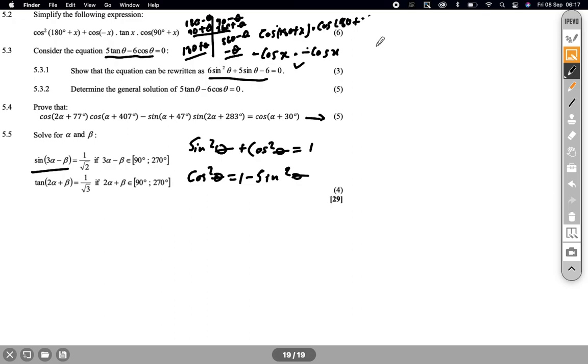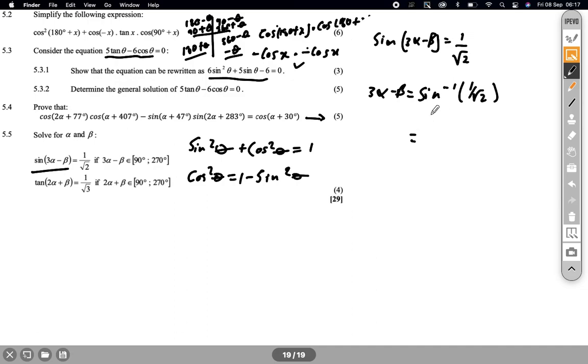So we can try to solve for the angle 3 alpha minus beta. And to do that, let's rewrite it first. Sine of 3 alpha minus beta equals 1 over square root of 2. And then 3 alpha minus beta is equal to arc sine of 1 over square root of 2. Now, if you remember your special angles, this is going to give you 45.